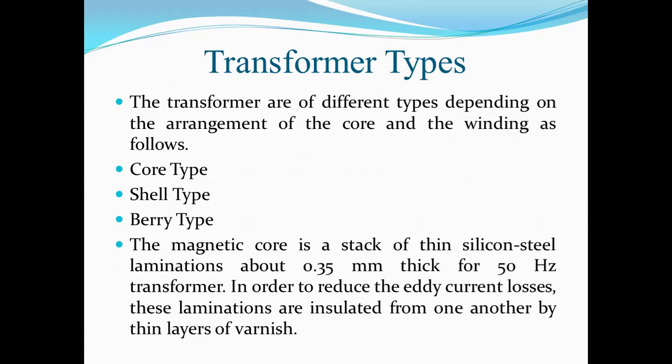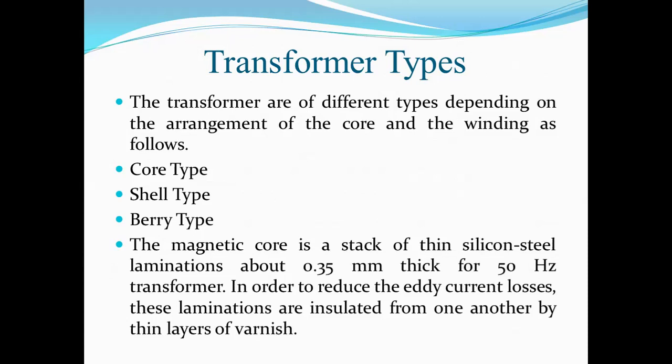Otherwise, transformation ratio K equals N2 by N1, K greater than 1. K greater than 1 means number of turns in the secondary winding is more than number of turns in the primary winding. So it is nothing but step up transformer.